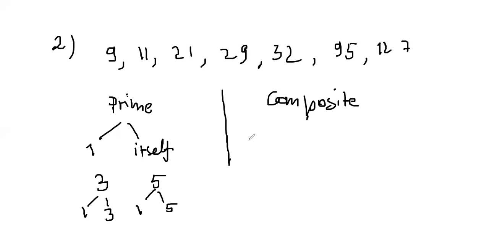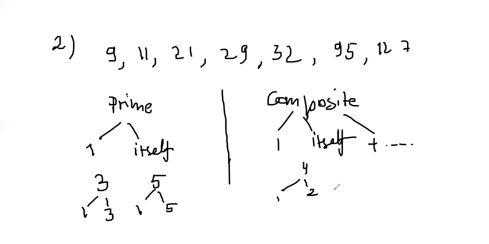The numbers which have more than 1 and itself, so more than two divisors, for example number 4, is divisible by 1, by 2, and by 4. Or number 6 is divisible by 1, by 2, by 3, and by 6. So these numbers are composite numbers. These numbers are prime numbers.